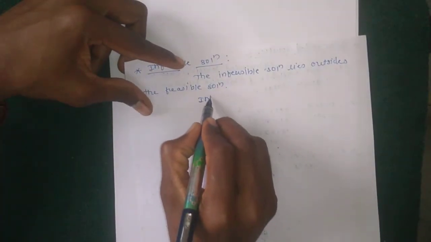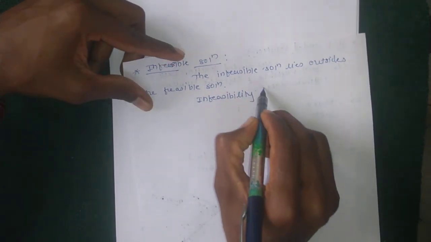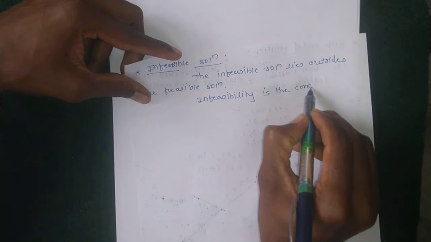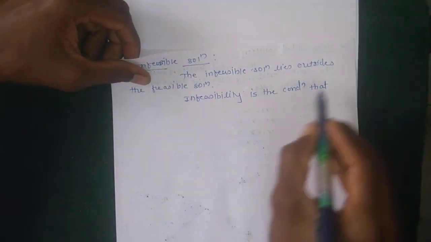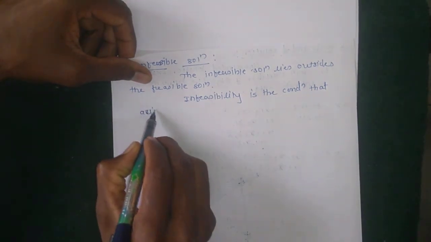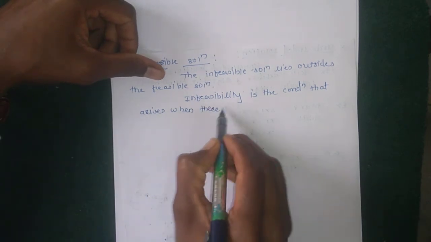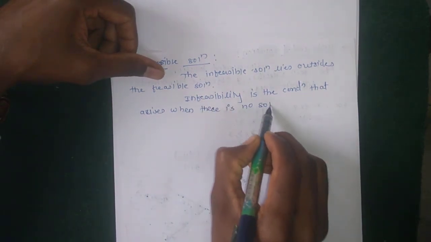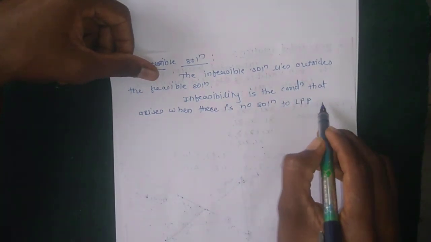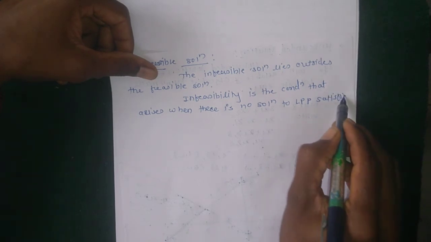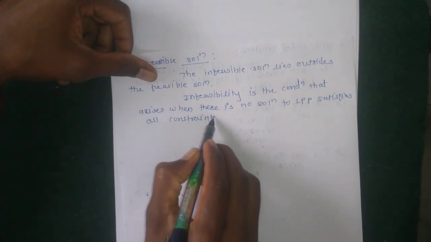Infeasibility is the condition that arises when there is no solution to the LPP that satisfies all constraints simultaneously.